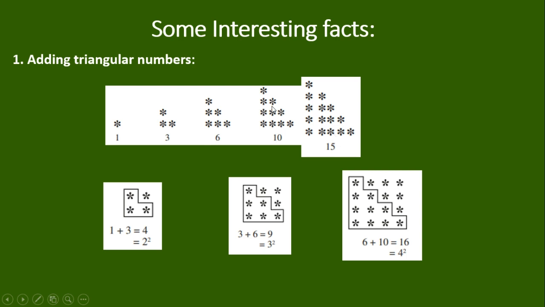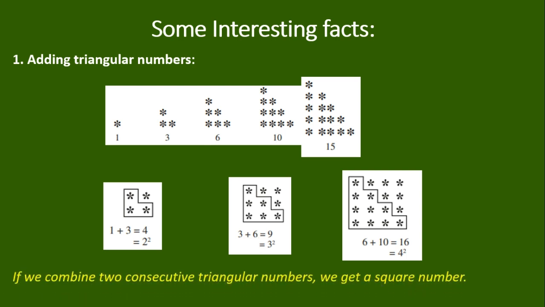So when you arrange these 25 numbers, again you will get a square. When you add this 10 and 15, you will get a complete square. So when you're adding two triangular numbers, you will get a square number. So that is the first interesting fact about a square number.